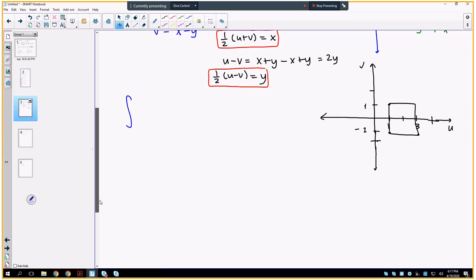Integration over S means that I want to integrate from -1 to 1 in terms of v, and from 1 to 3 in terms of u. And as I said, I have u squared sine squared of v. So I'll compute my Jacobian and integrate du dv.